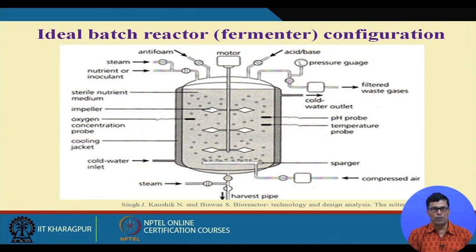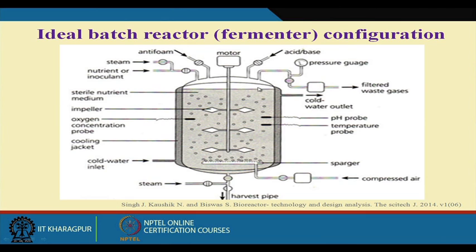We take oxygen from the air, but microorganisms take the oxygen which is dissolved in the liquid. So naturally, until the oxygen is dissolved in the water, the microorganism cannot utilize it for growth and metabolism. That is very important. So you have to supply air continuously, so that the dissolved oxygen concentration increases. That is the major bottleneck of this process.